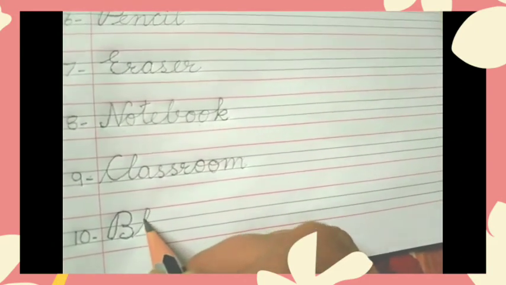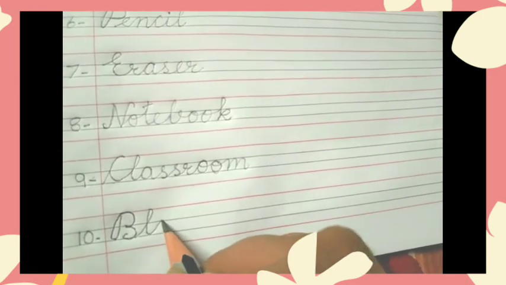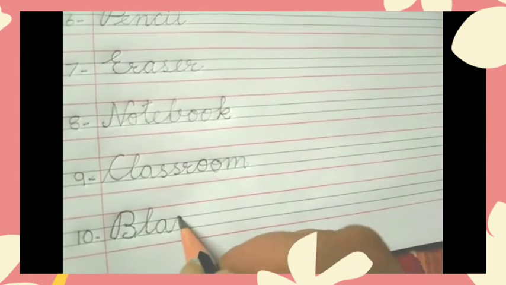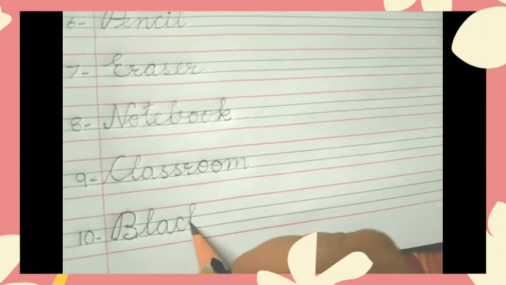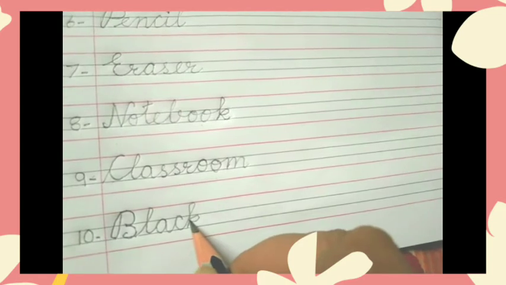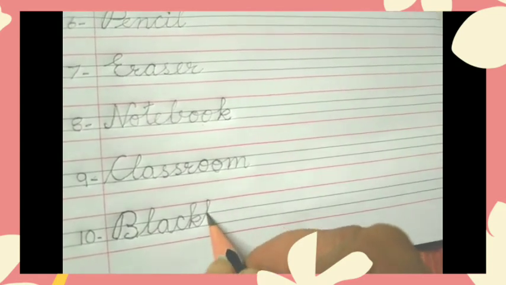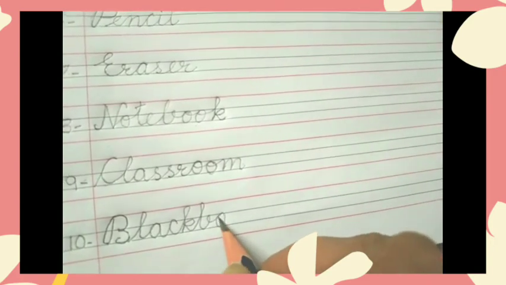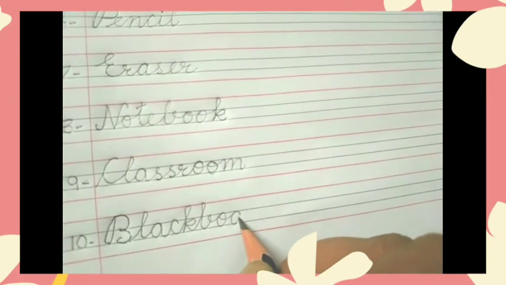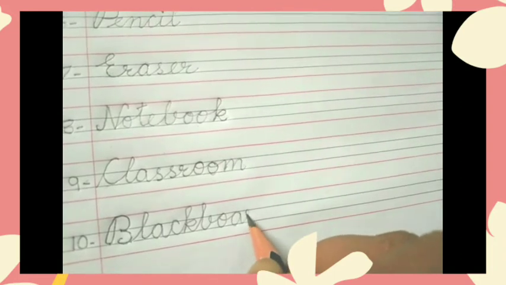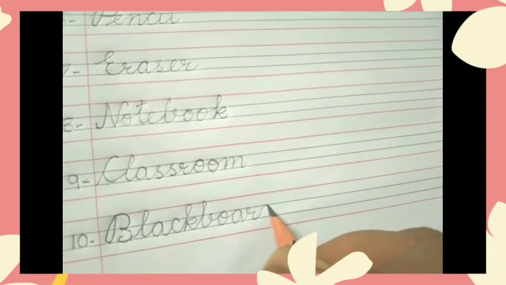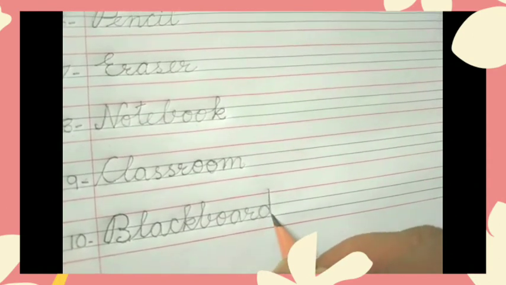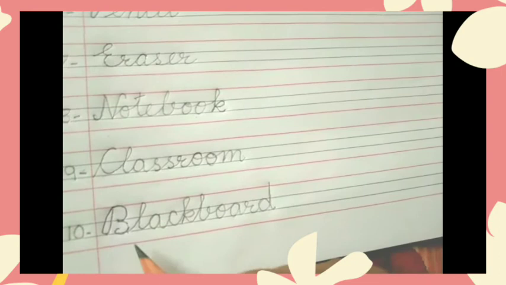Now make small letters B, L, A, C, K, black, B, O, A, R, D. Blackboard.